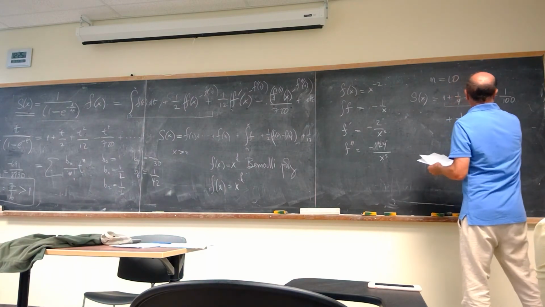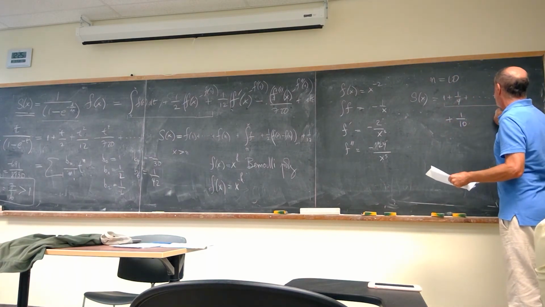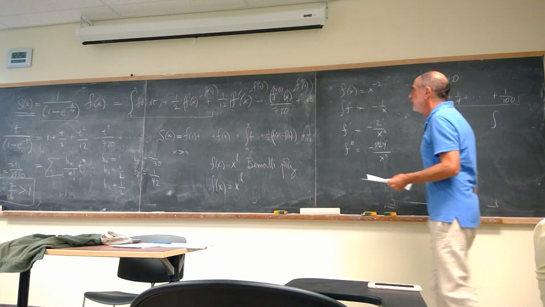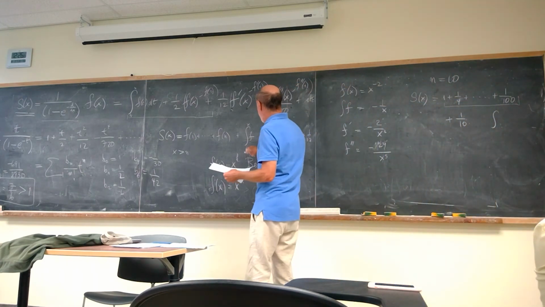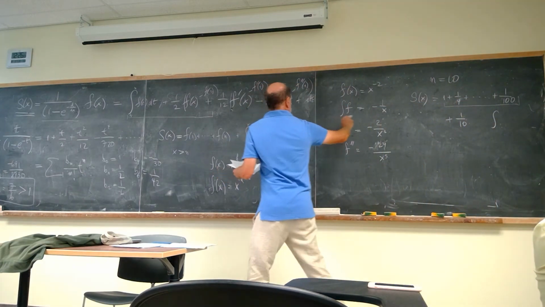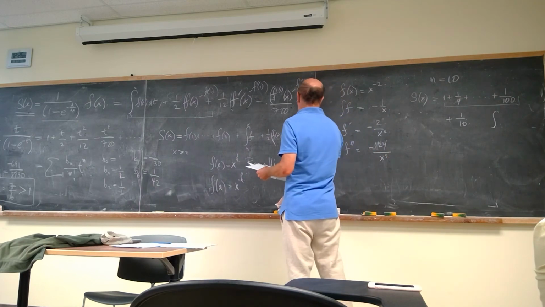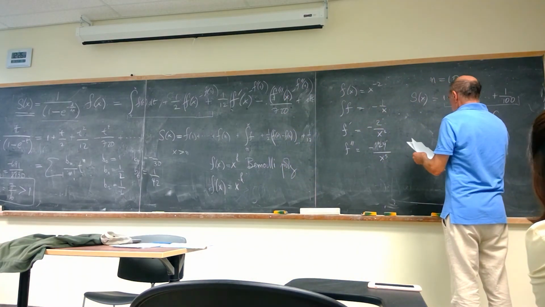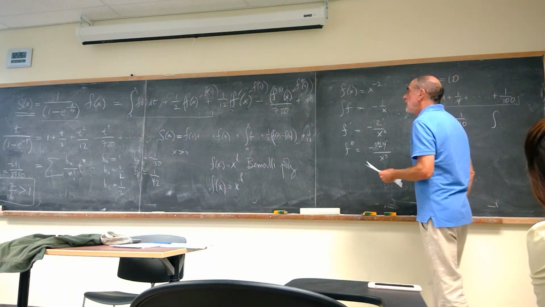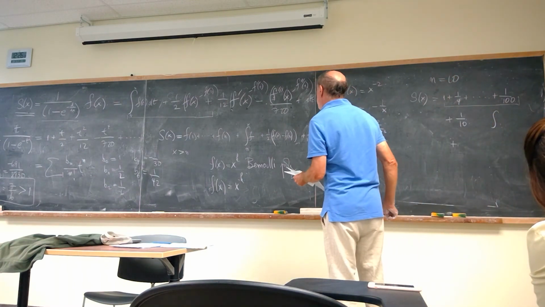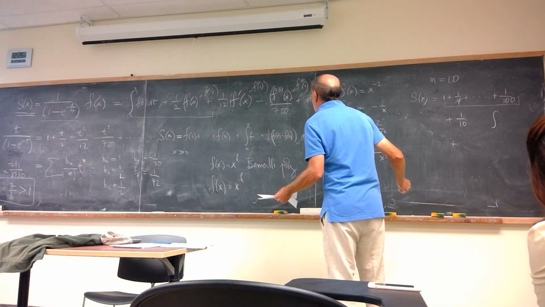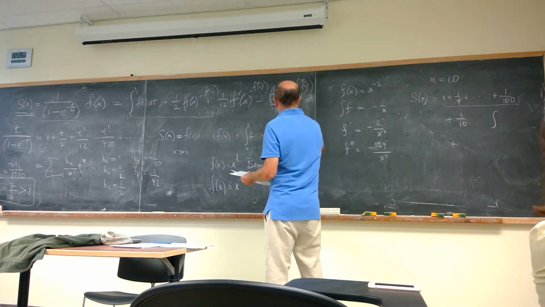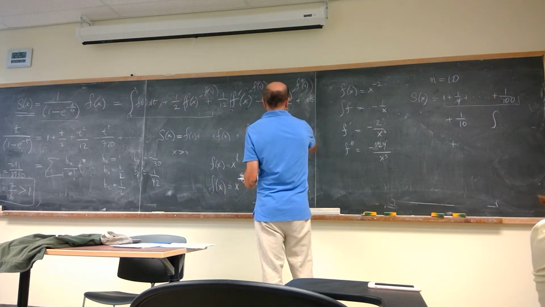So this is the original formula. This is the integral, right? From 10 to infinity of minus 1 over x. And then we have to add plus 1/2 of f of x, which is 0, minus f of n, that was 100.